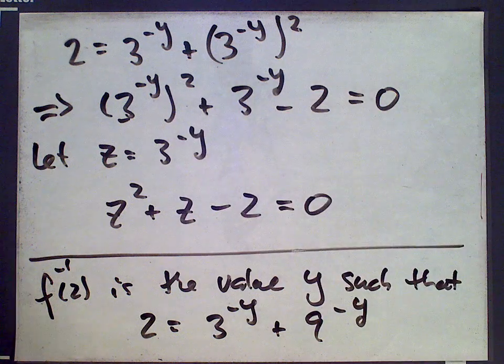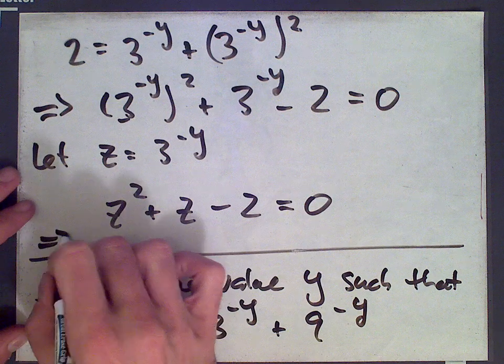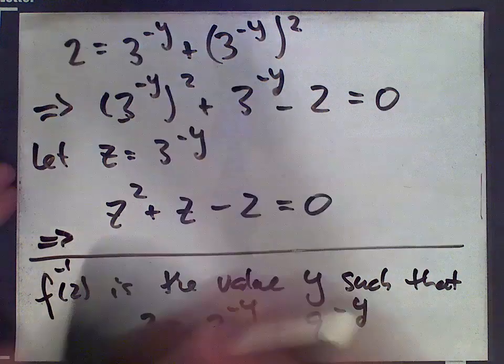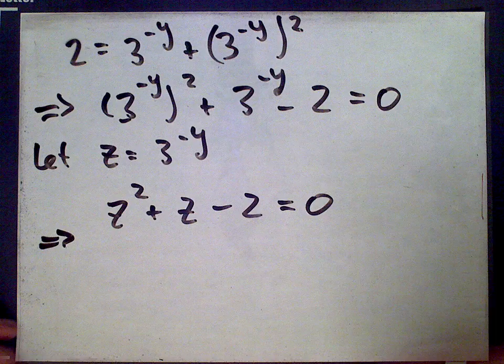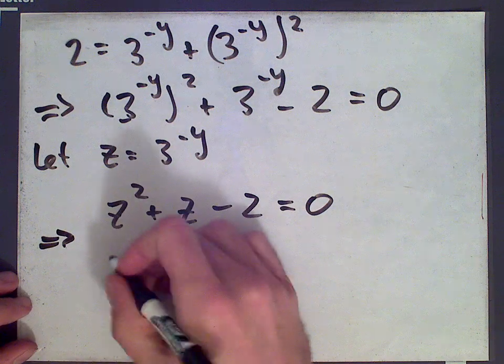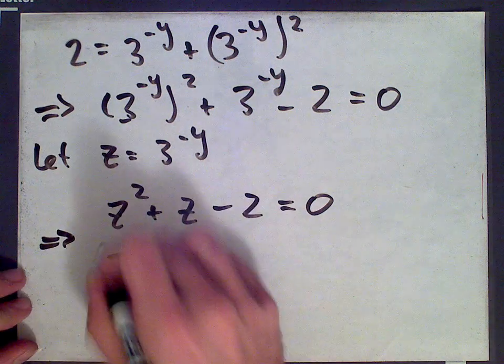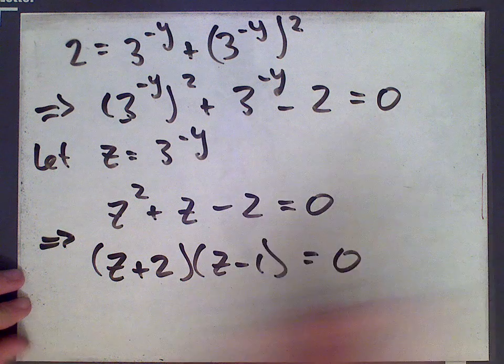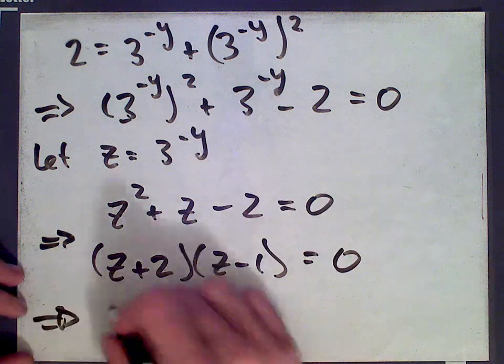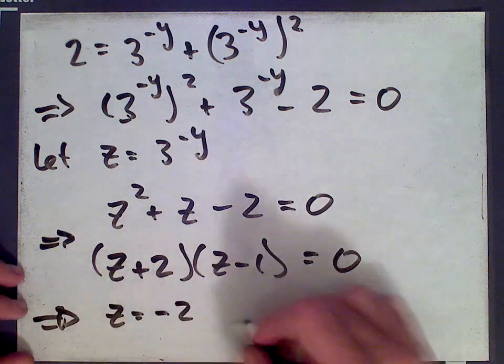And we can solve this here. This factors as z plus 2 times z minus 1 equals 0.